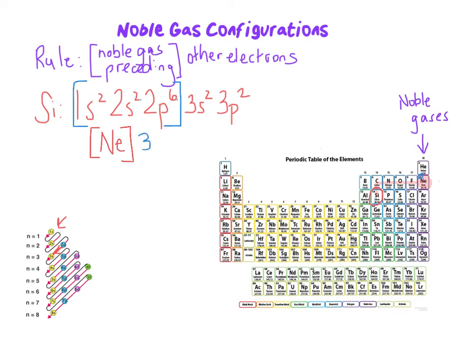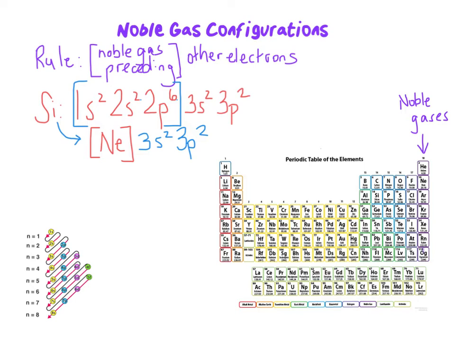So it would be 3s2, 3p2. This would be the noble gas configuration for silicon. We would write Ne, which is our noble gas, and then 3s2, 3p2. This is a shorthand way of writing electron configurations.